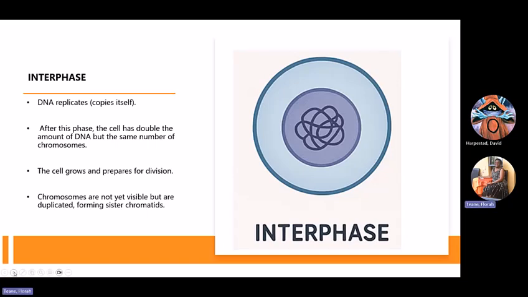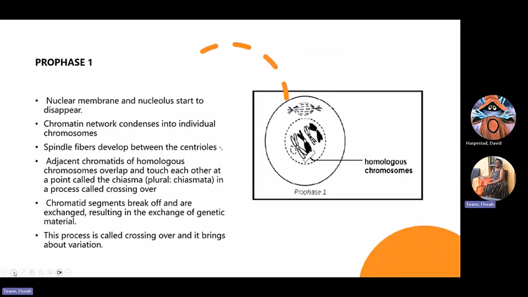There's one important thing that is happening during the interphase, which is DNA replication. So the cell is now ready to start dividing. All right. The first stage of division in meiosis is called prophase.